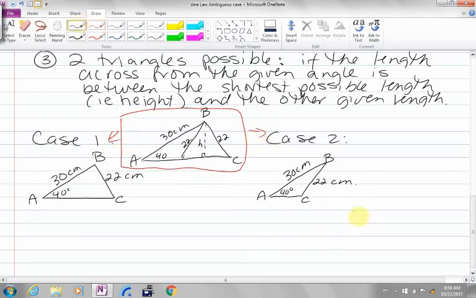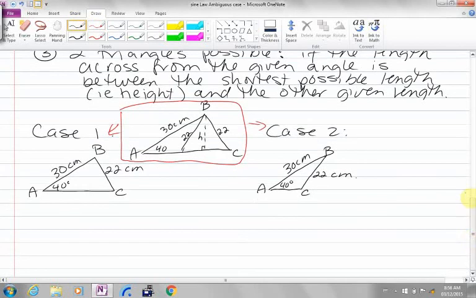Okay, so we have to now solve this. So we know from yesterday that solving means find all the missing angles and all the missing sides. So we'll start by finding angle C. So the sine of 40 is to 22, as the sine of C is to 30.